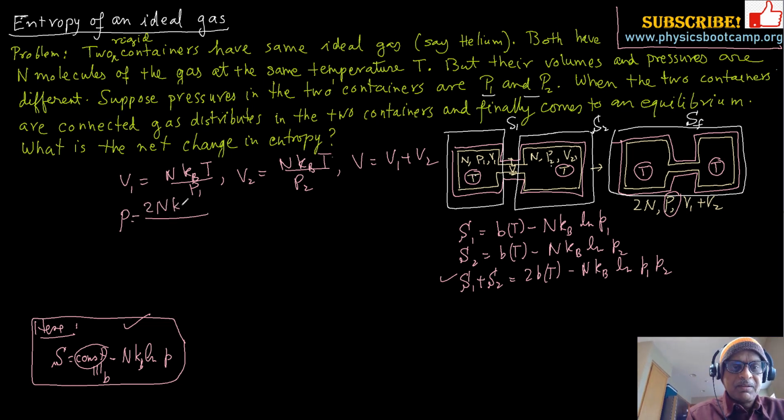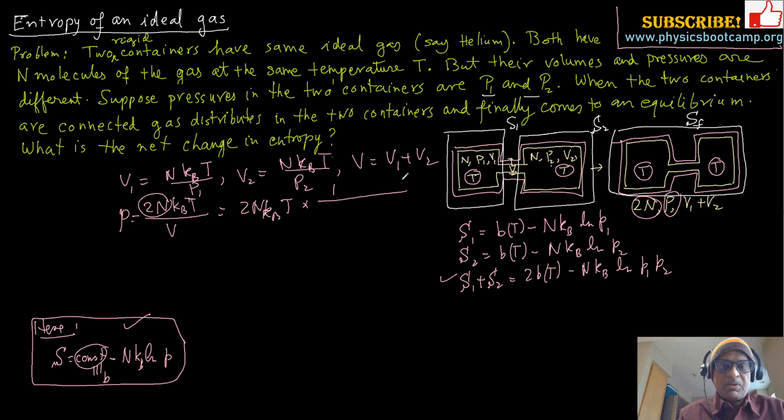There are 2N molecules now, so 2N k_B T over the volume, which is the sum of these two, V1 plus V2, N k_B T over P1 plus N k_B T over P2.